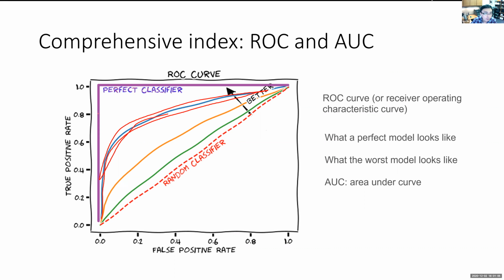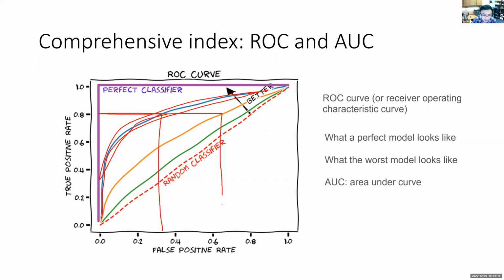That means for a given true positive rate, the likelihood for me to run into a false positive is much lower than on this line.